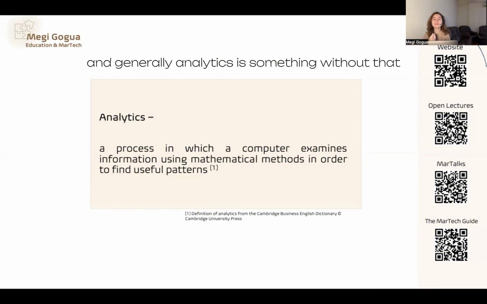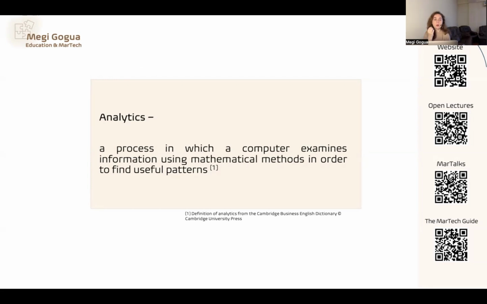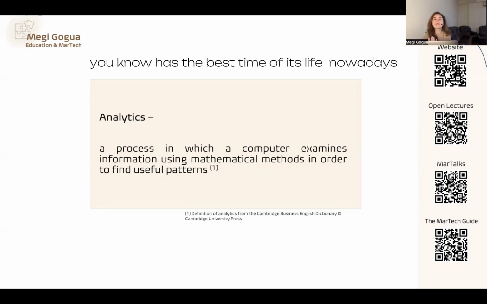And generally, analytics is something without which marketing doesn't really operate, especially nowadays, especially when we have technologies that give us access to the speed of the machines, to the possibilities for them to get this volume of data and process it very rapidly, really quickly. That's why analytics just has the best time of its life nowadays, especially for marketing operations.